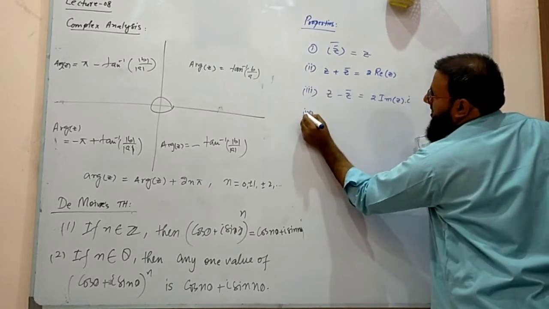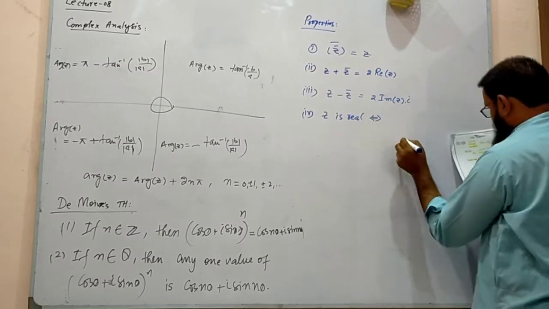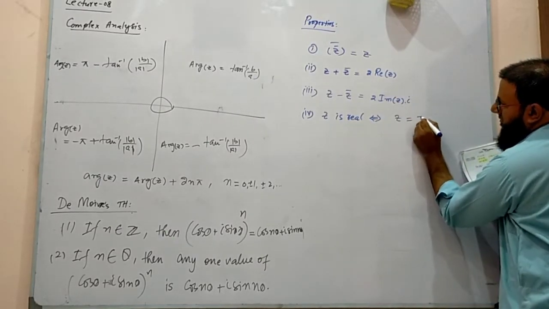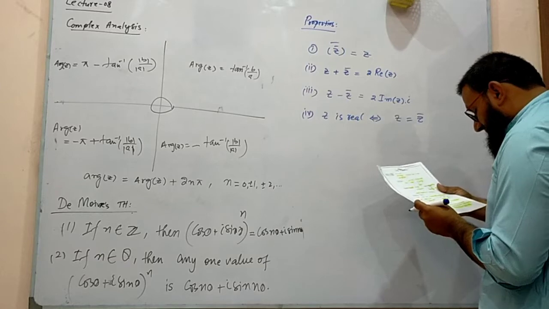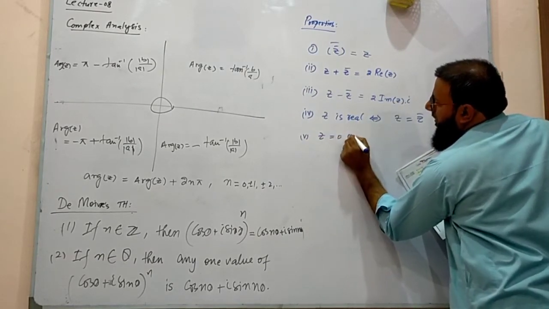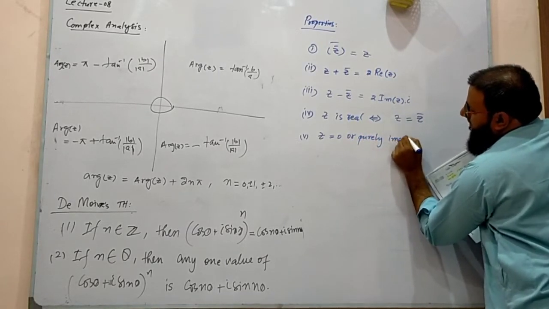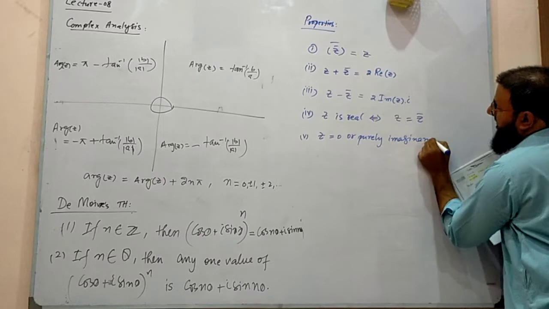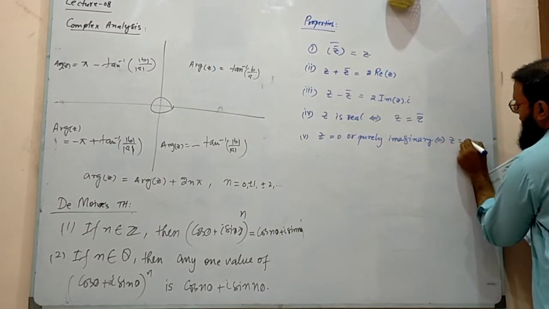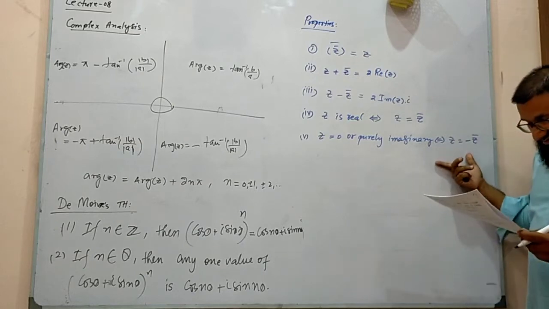And z is real if and only if z is equal to z conjugate. So z is 0 or purely imaginary if and only if z is equal to minus z conjugate. Are you okay with this?